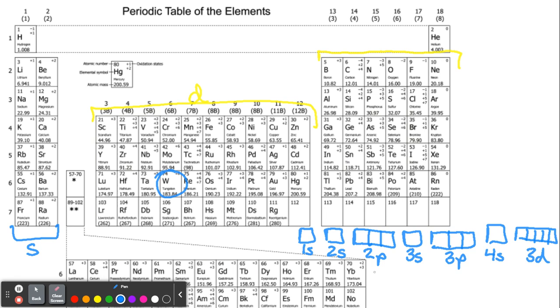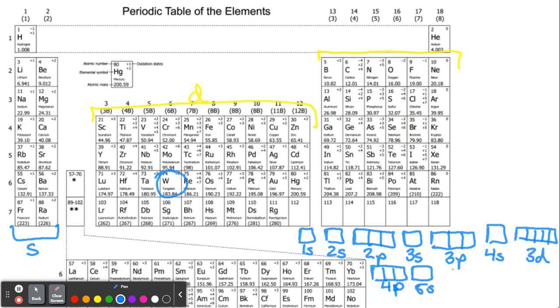After 3d, well, then we move on to 4p. Again, 3 orbitals. Okay, after 4p, what do we have?